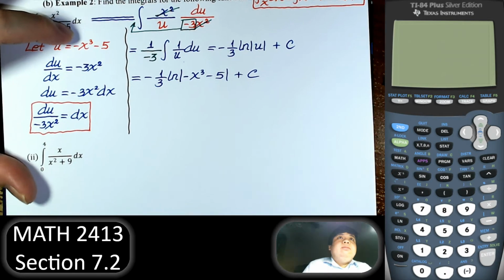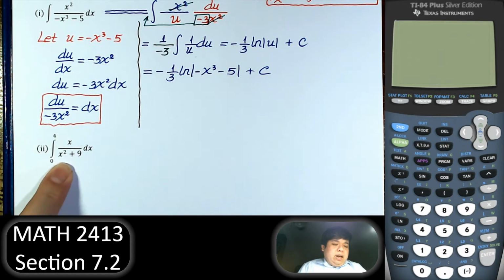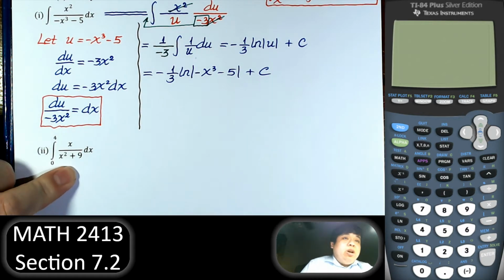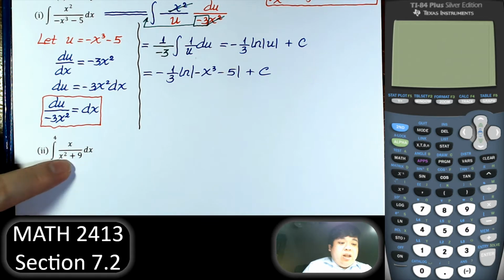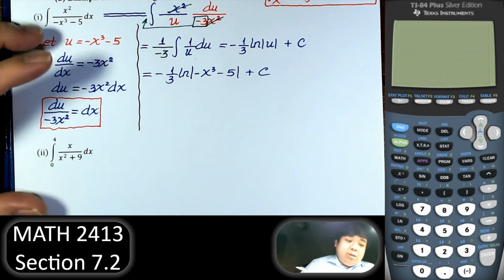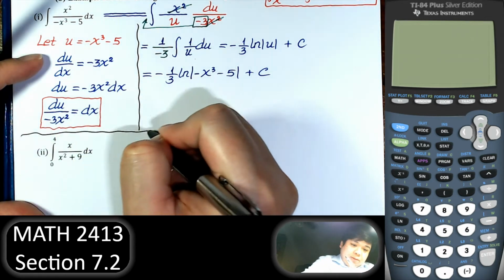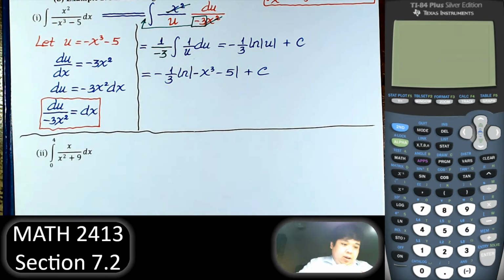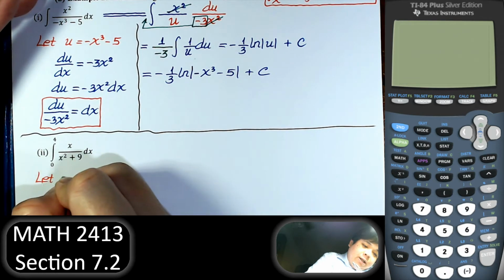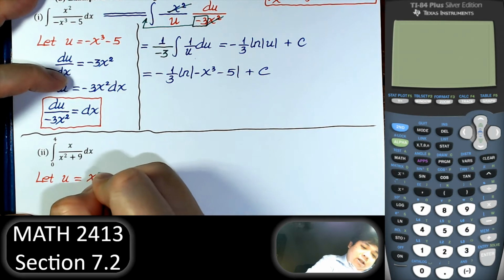Right. Now we do the same thing here. Again, if we let u equal the denominator, the derivative of that is 2x. The x there will cancel with the x on top. So that's a good substitution. Right. So let u be x squared plus 9.